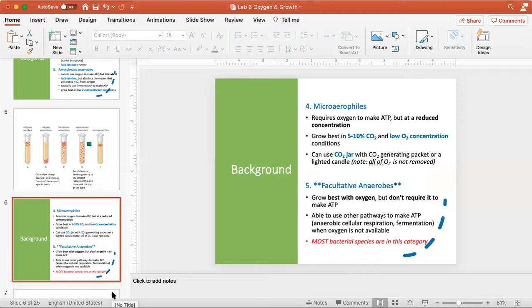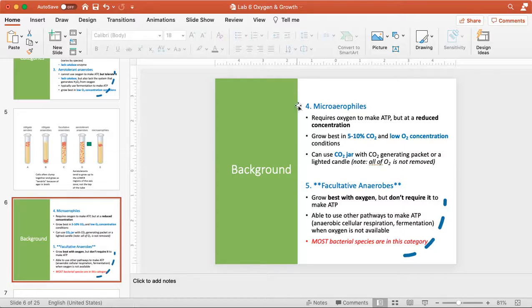It requires oxygen, but it can't have it at the full 21%. It needs lower levels of oxygen in order to grow. Microaerophiles grow best in low oxygen and increased amounts of carbon dioxide. They like more carbon dioxide than is in room air.